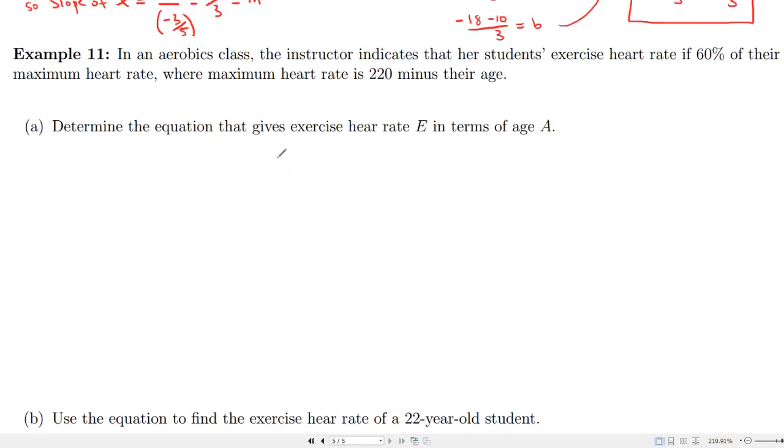Now we have a little application problem. So in an aerobics class, the instructor indicates that her student's exercise heart rate is 60% of their maximum heart rate, where maximum heart rate is 220 minus their age. So we want to determine the equation that gives the exercise heart rate E in terms of the age A. Okay, so what was told?